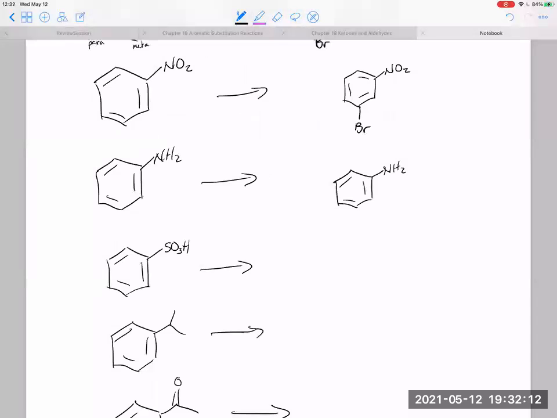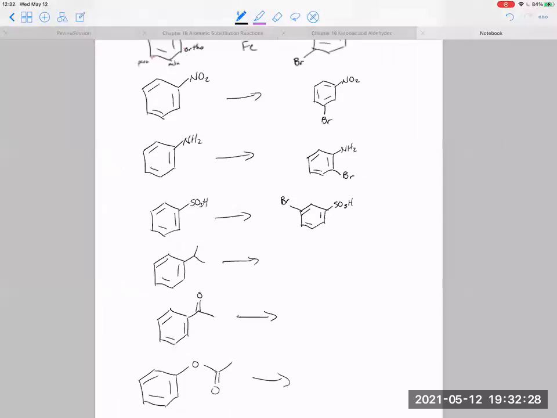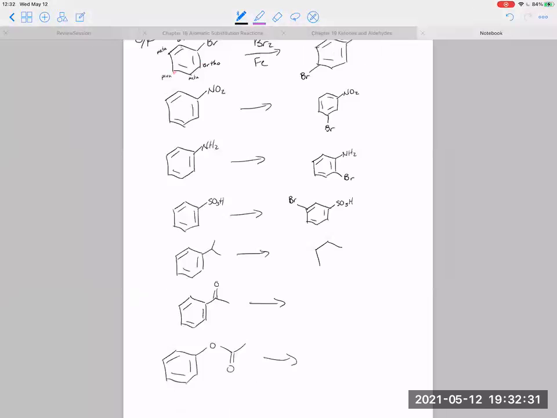Ortho-para. So that one's ortho-para. That sulfonyl group. That one's meta. Yep. Alkyl groups. That's ortho-para. That is ortho-para.